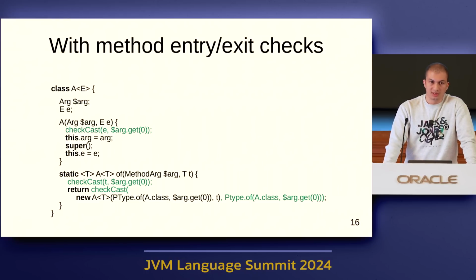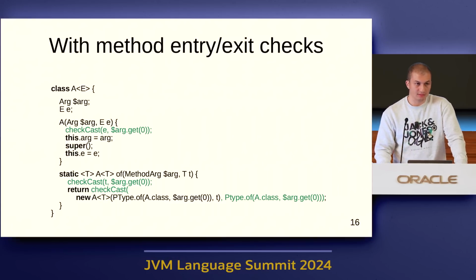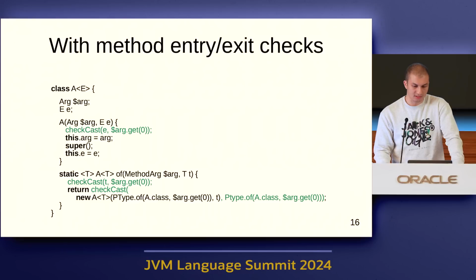Then once we have the type information propagation, we can now use this information to perform some casts. One of the levels of the specialization spectrum was to add checks at method entry and exit.